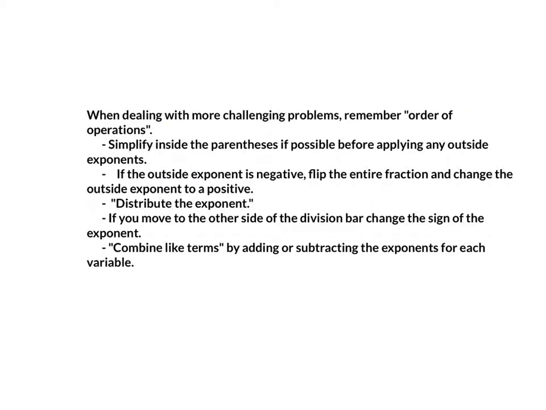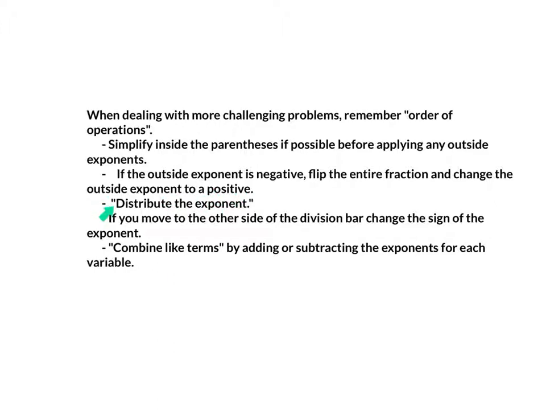When dealing with more challenging problems, remember order of operations. Start by simplifying inside the parentheses, if possible, before applying any outside exponents. If the outside exponent is negative, flip the entire fraction and change the outside exponent to a positive.